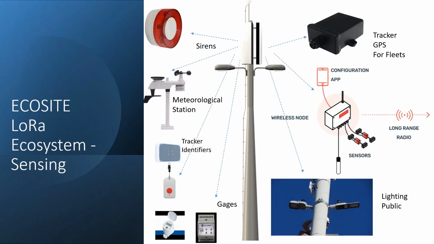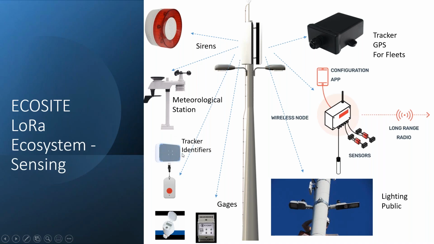And at the end of the day, this smart pole is one of the centers of our solution, because the antennas for the LoRa gateway, in our case, are responsible for spreading the signal for all of them. I mean the sirens, the weather station, personal trackers.